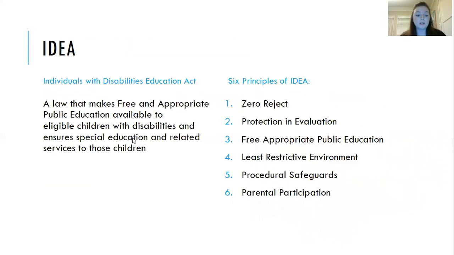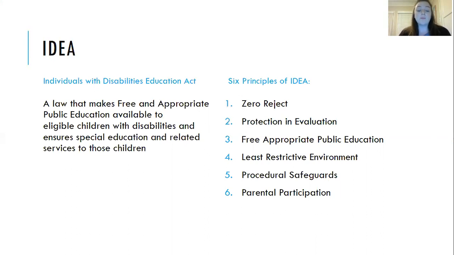Okay, so next let's talk about the Individuals with Disabilities Education Act, or IDEA. This is a civil rights law that makes free and appropriate public education available to children with disabilities. And there are 6 principles to IDEA. The first one is zero reject, which means that it's the educator's responsibility to locate, identify, and provide services for students with disabilities.